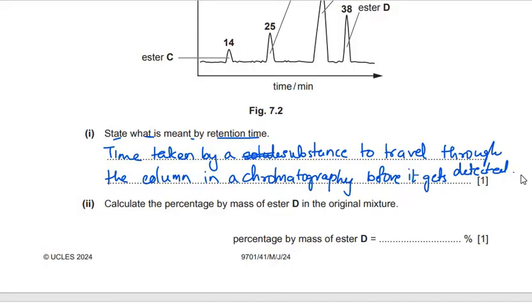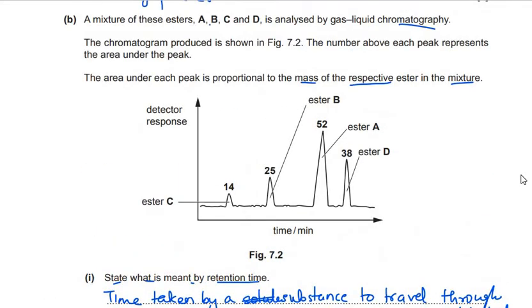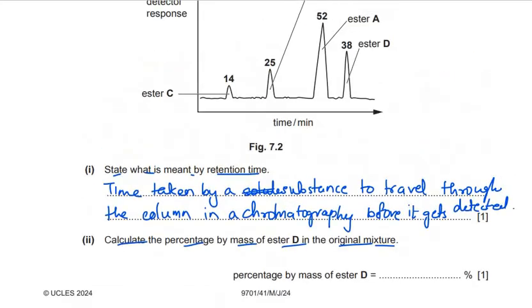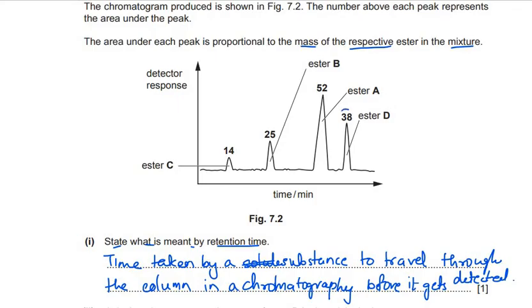Fine. The next part says calculate the percentage by mass of ester D in the original mixture. Now it says that area under the peak is proportional to its mass. So D is having the mass of 38 and the remaining are all given here.